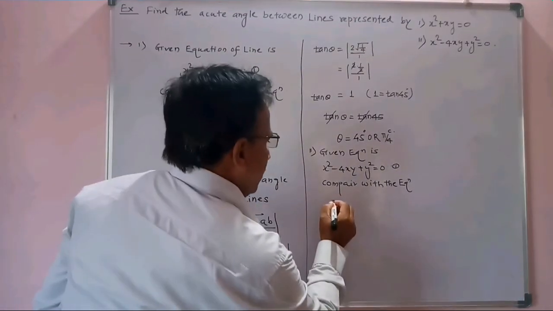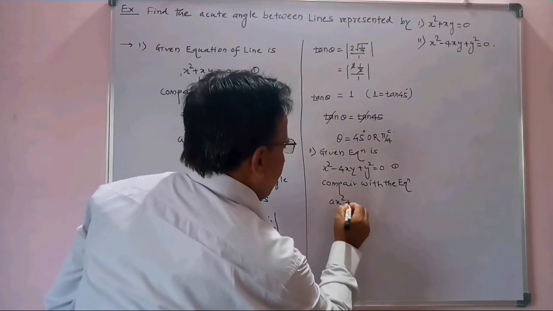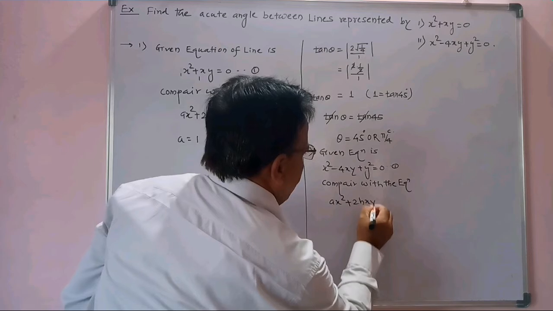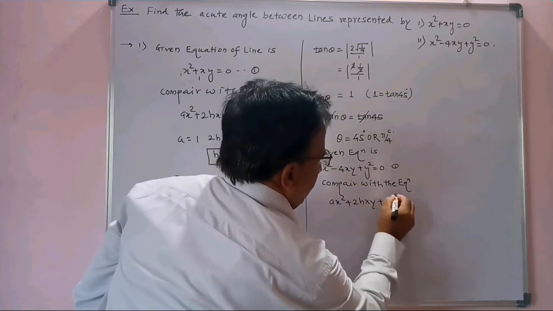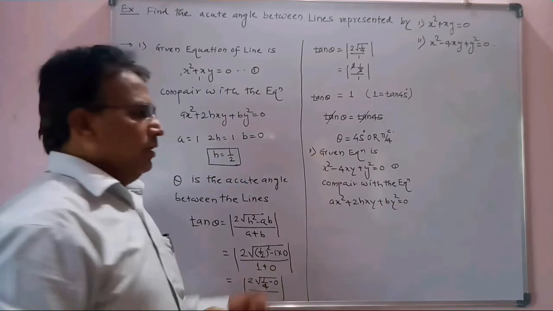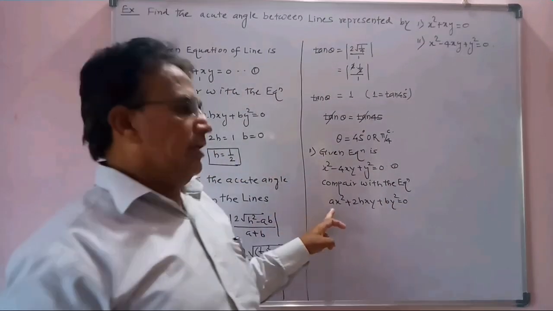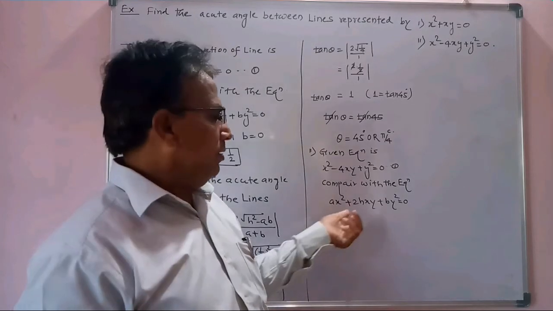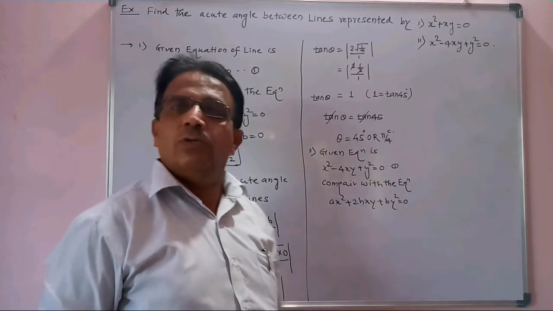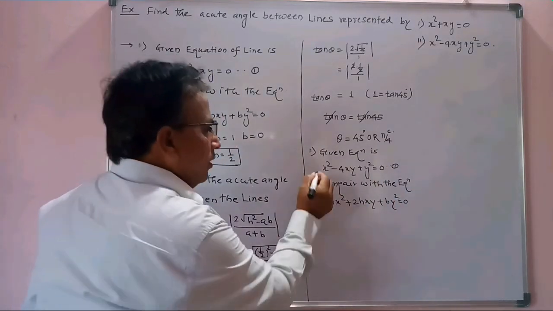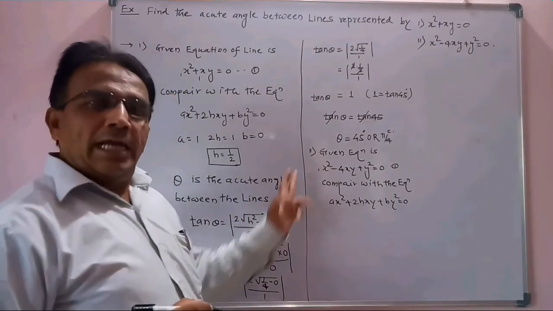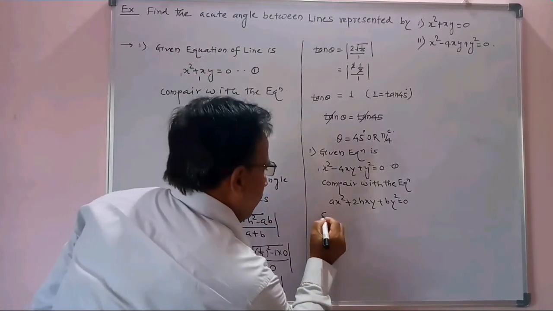Compare with the homogeneous second degree equation in x and y: ax square plus 2hxy plus by square equal to 0. The coefficient of x square is 1, so a equal to 1.